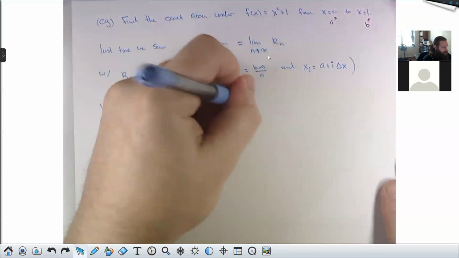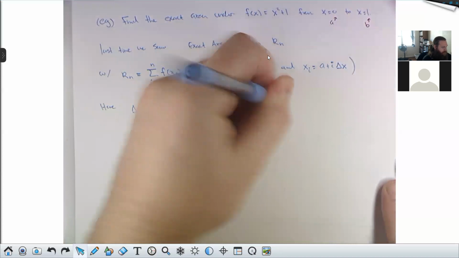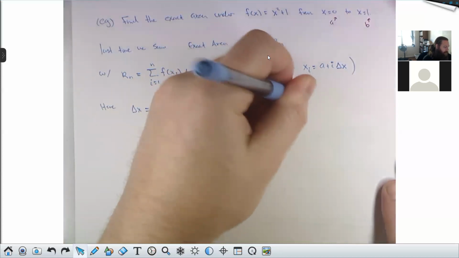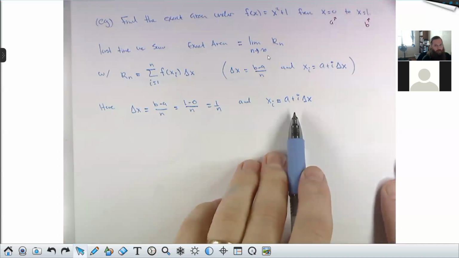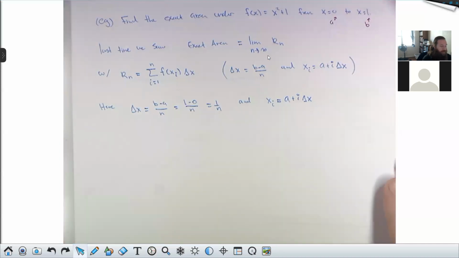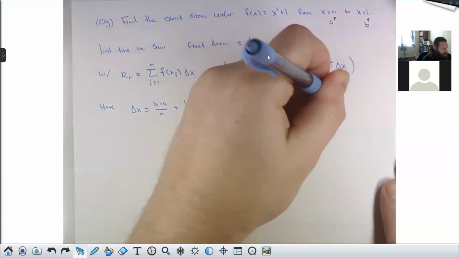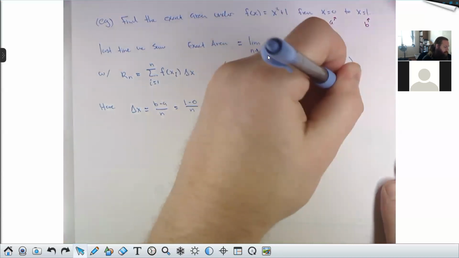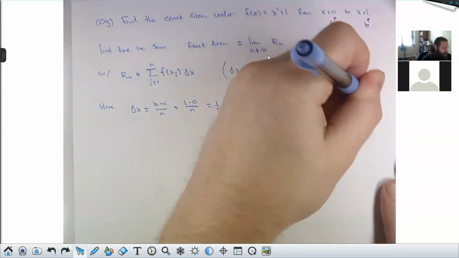And the xi's are a plus i delta x. You notice I always write the formula before I plug in. That's a really helpful thing. I recommend you do the same. This is 0 plus i times 1 over n, which is just i over n.